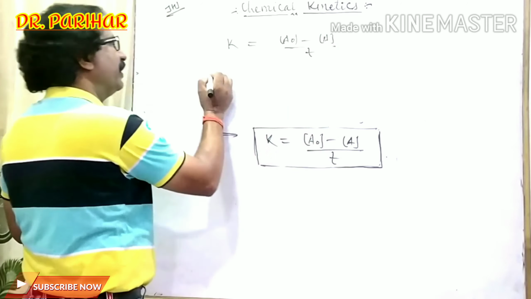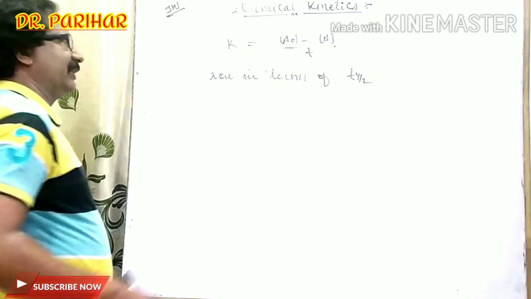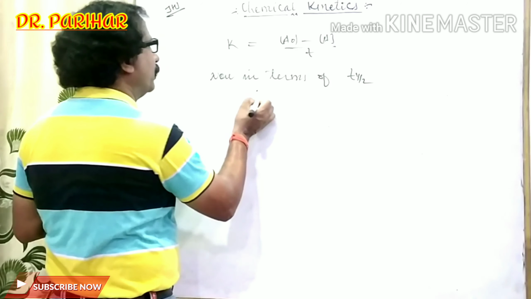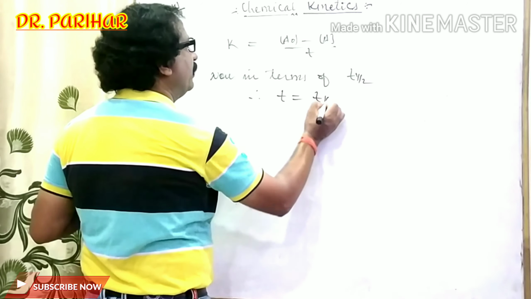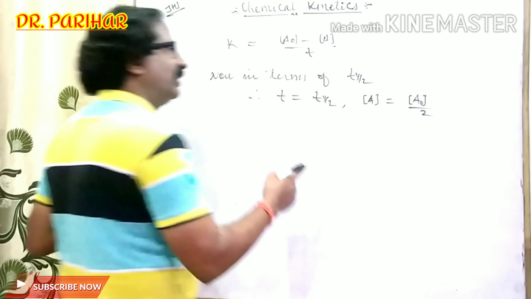Therefore, T is converted into T half, and then the remaining concentration becomes half of the initial concentration. This you should remember first.